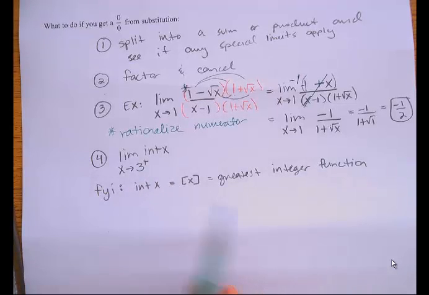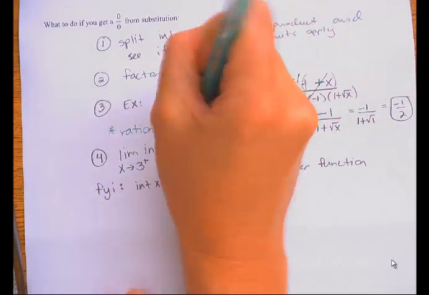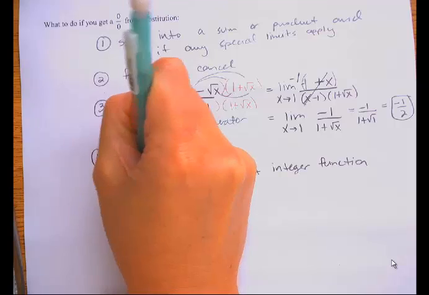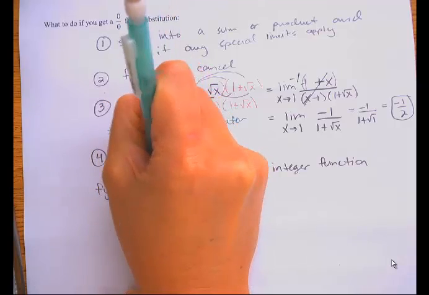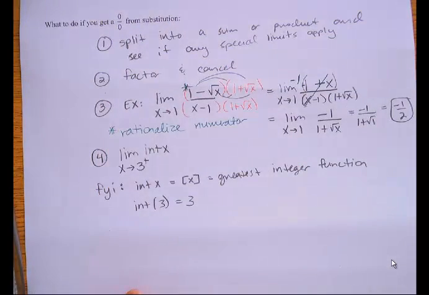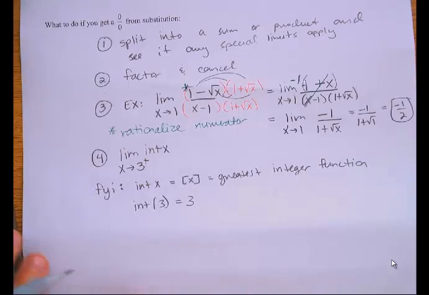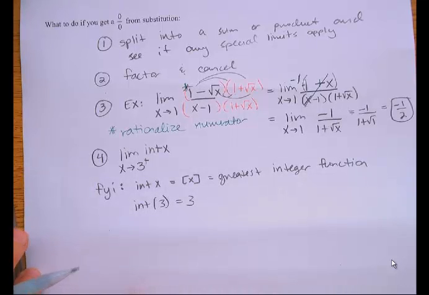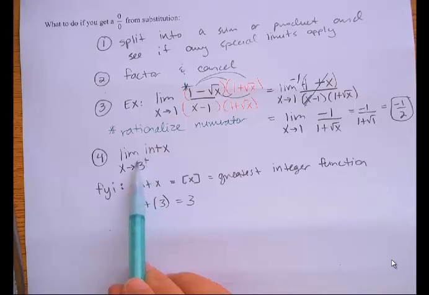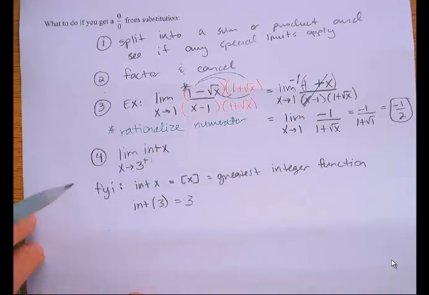Well, I could just substitute it in, but here's the thing. If I tried substituting, I would have INT of 3, and that's equal to 3. Okay, so let's take a look at our graph, if you will, and see if that's what's happening on the right of 3. So let's take a look at the graph.